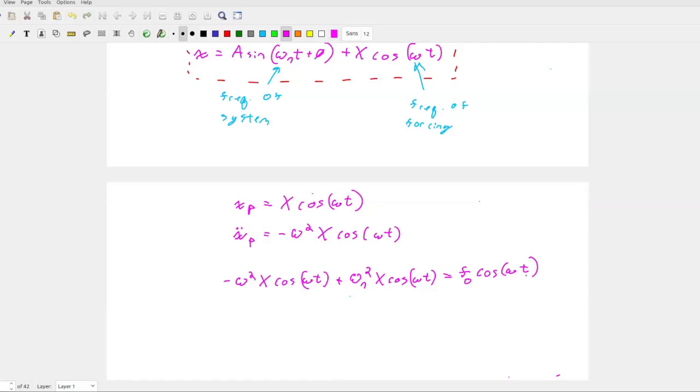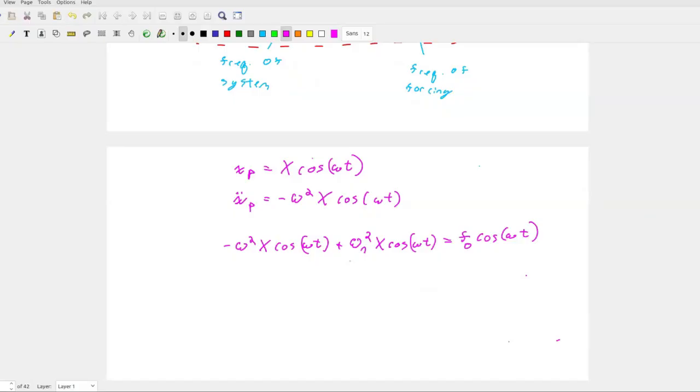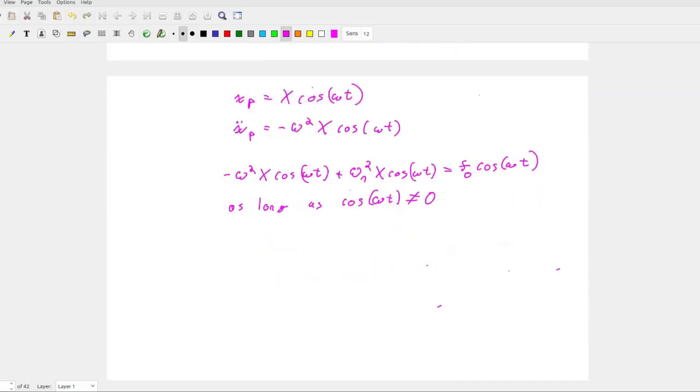So if I want to solve for X in this term, as long as cosine of omega t is not equal to 0, I can move some terms around to get capital X is equal to F naught over omega n squared minus omega squared.